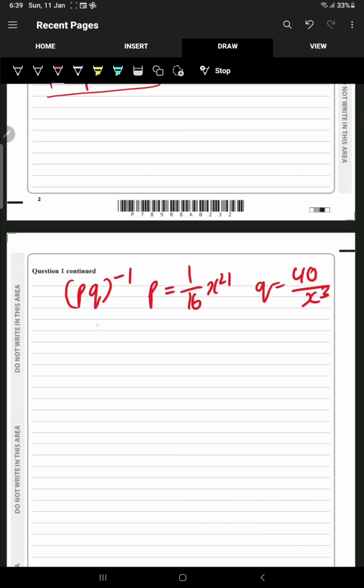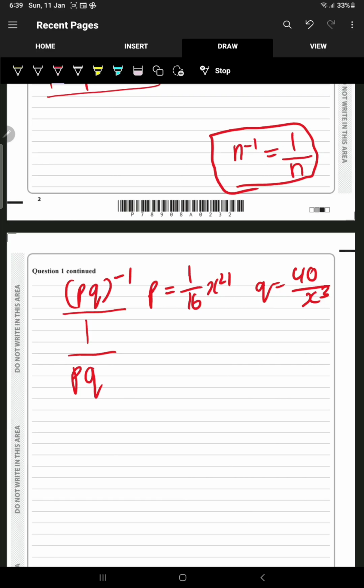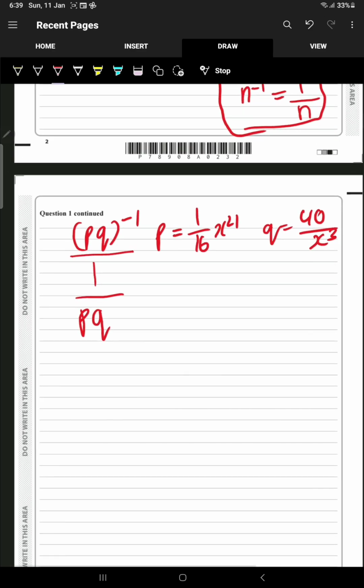So this pq, whole to the power of -1, can be written as 1 over pq, because the laws of indices say that anything to the power of -1 can be written as 1 over n. And here we need to sub in these values of p and q.